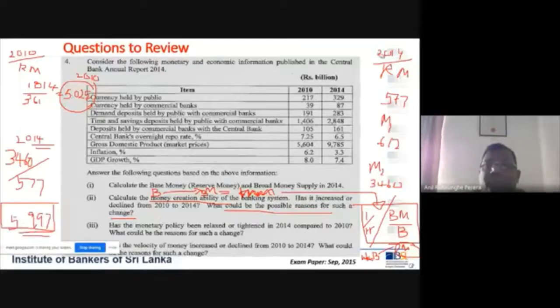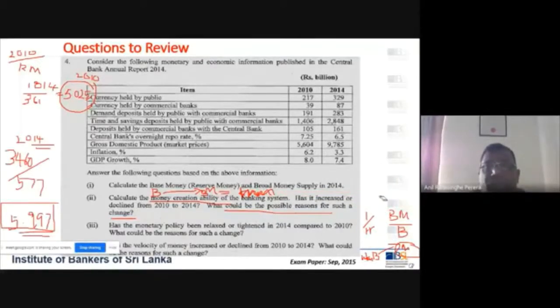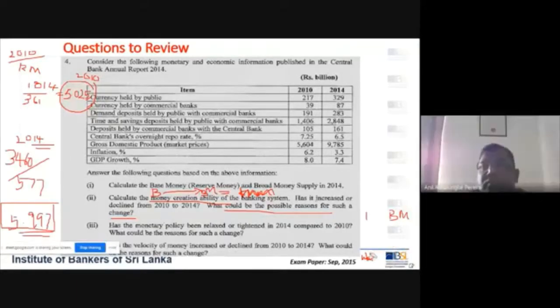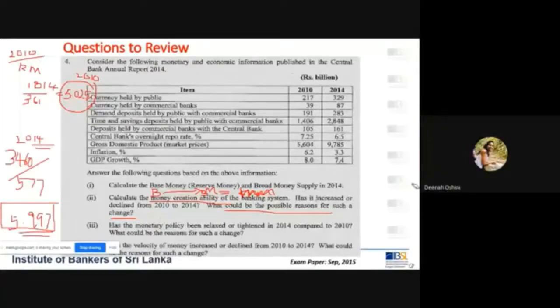Okay, less reserve ratio. Do we have any evidence on that? We don't have. Repo rate has declined by 75 points.